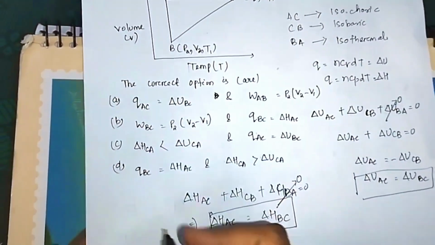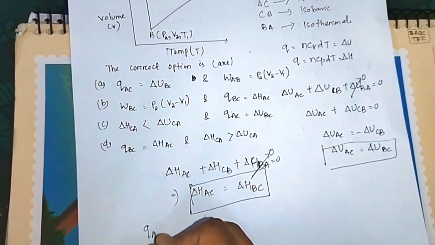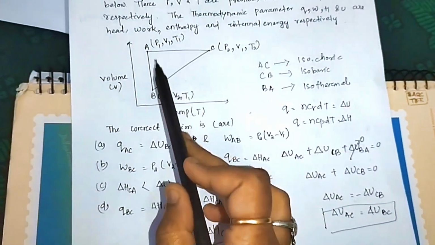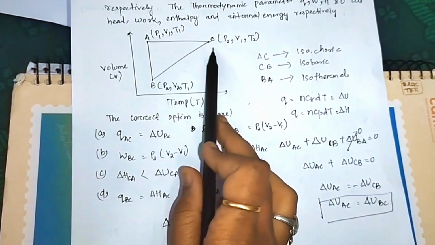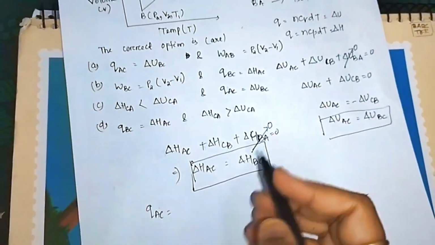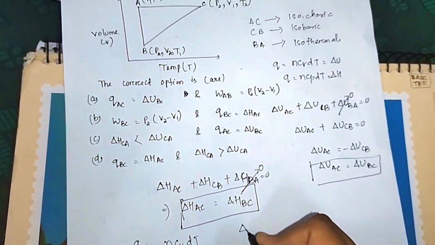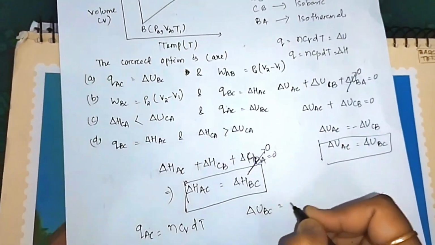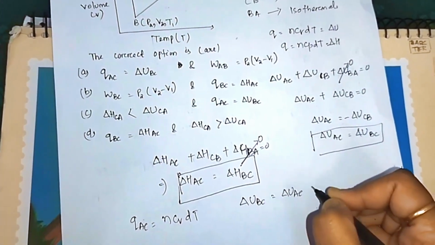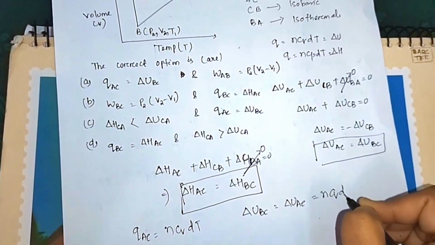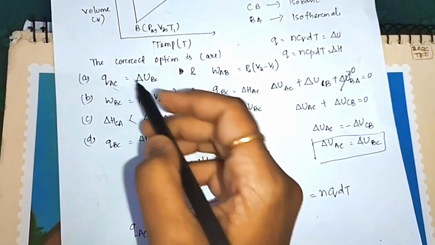The first option is given Q AC. Q AC means in AC volume remains constant. So volume remains constant means nCv dT, and del U BC is also equal to del U AC, and del U AC is also nCv dT. So this option is correct.